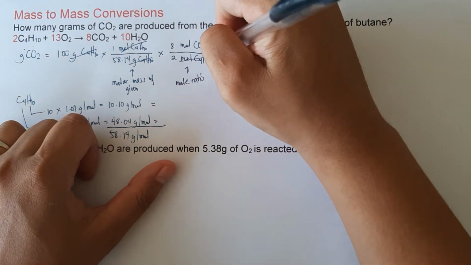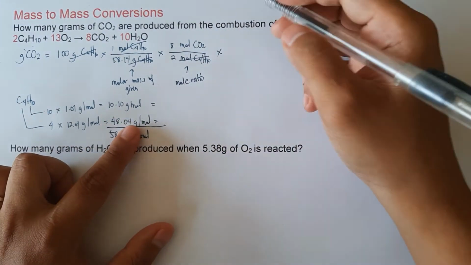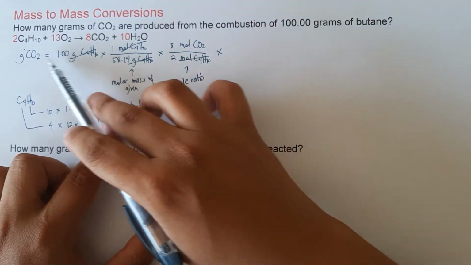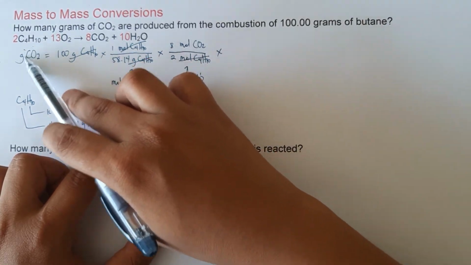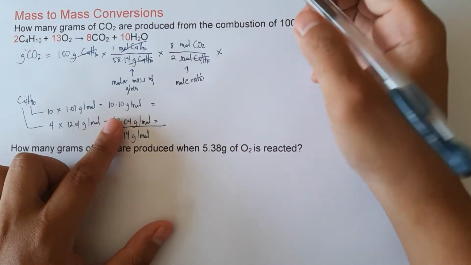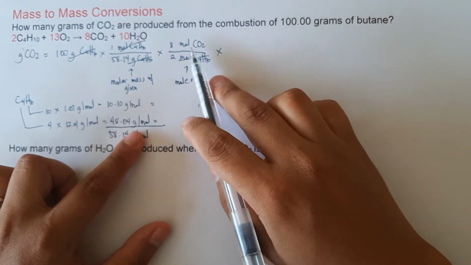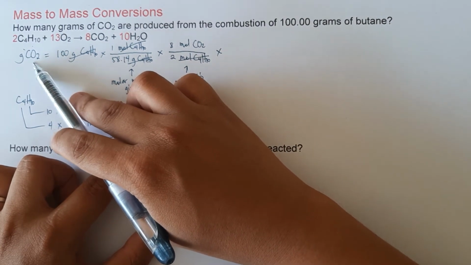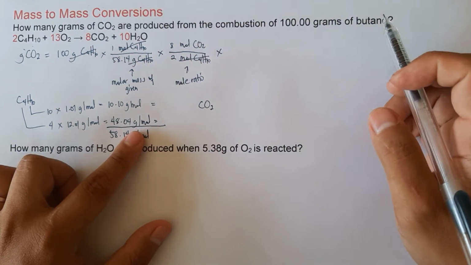Okay, so next thing to do is we are going to multiply it again by the molar mass of the component that we are looking for, which is carbon dioxide. So, kasi we need to cancel mole of CO2 para mapalabas si grams of CO2. So, yun yung goal natin.